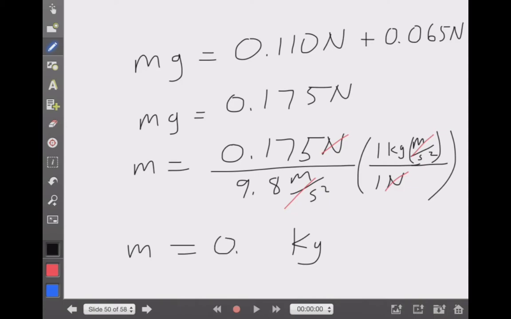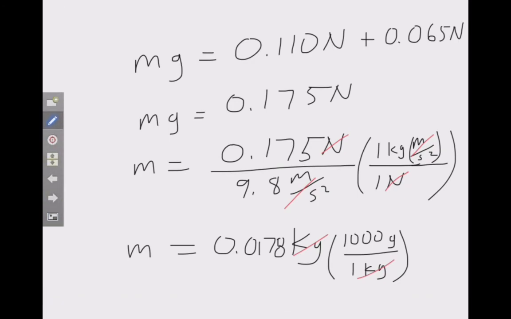And for mass, we get 0.0178 kilograms. And if we multiply that by 1,000 grams per 1 kilogram, these kilograms cancel. The final answer is in grams. Our mass of the object equals 17.8 grams.